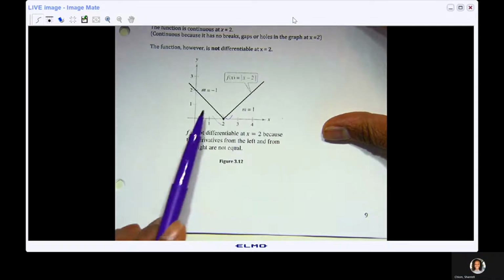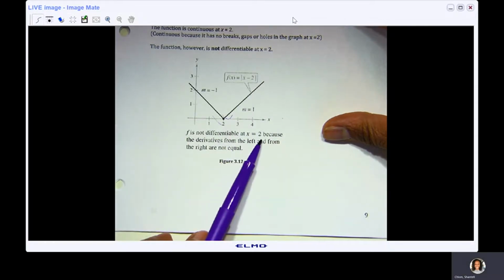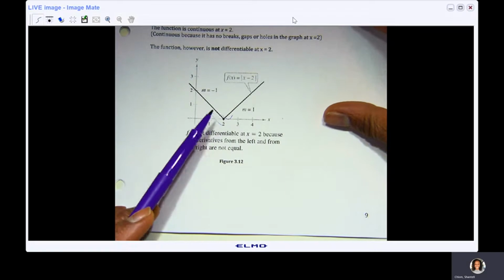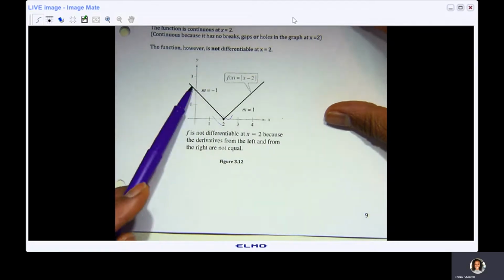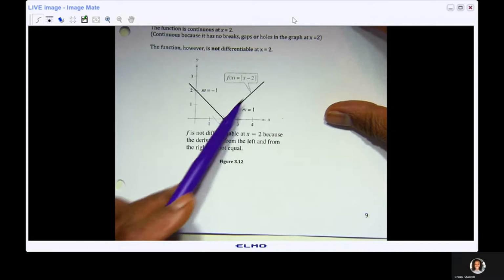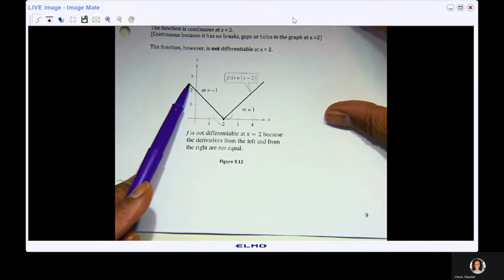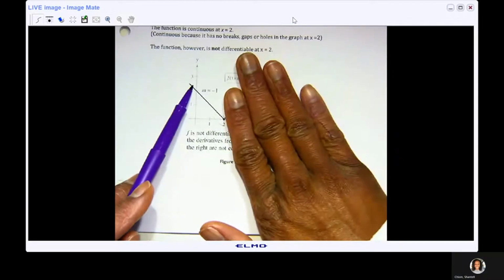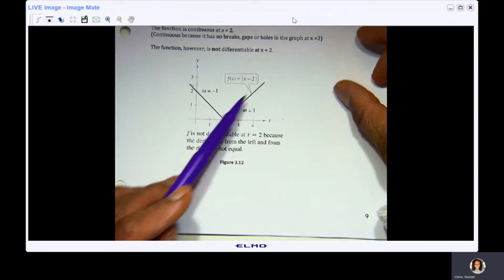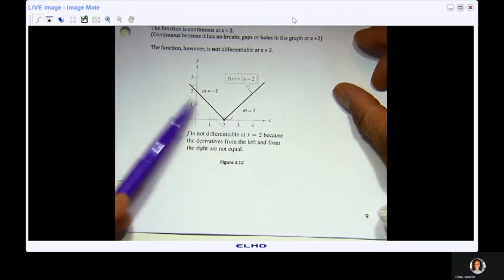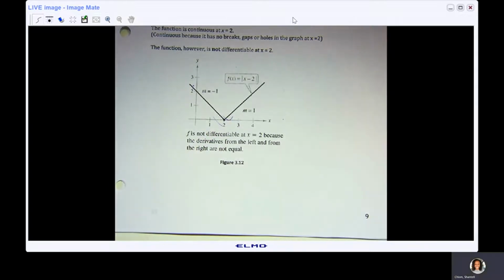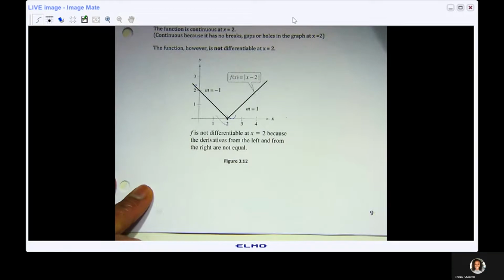You could evaluate that. The line is going down on the left, and remember, derivative is the slope.